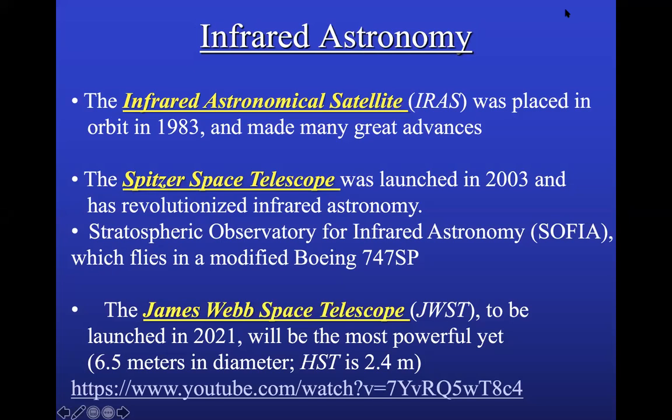This is a very specific telescope, and astronomers think it will be the replacement for the Hubble Space Telescope, because Hubble was launched around 1990, and it has been 30 years now.